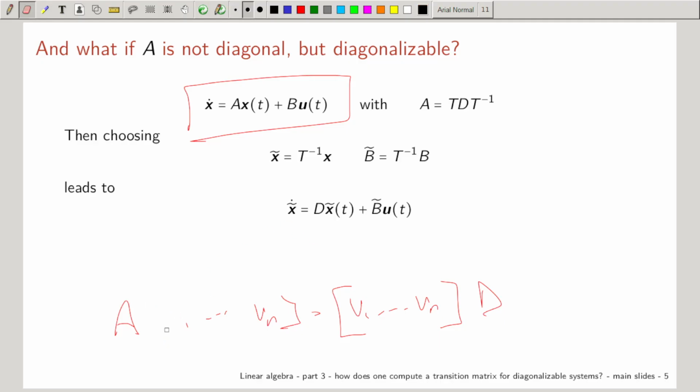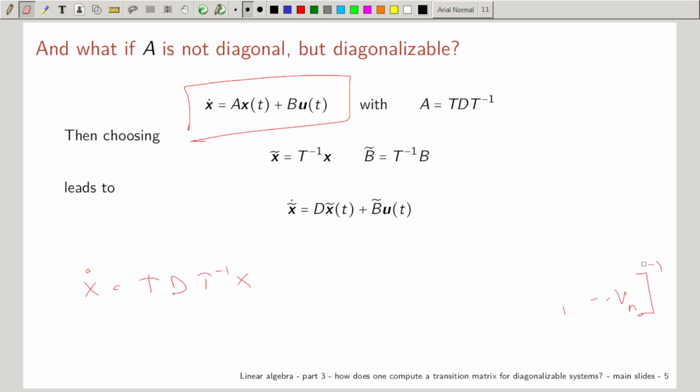So it means that A equals T Lambda T^-1. Okay? Perfect. Now, let's write it. At this point, I write x dot is equal to T Lambda T^-1 x plus Bu. True?